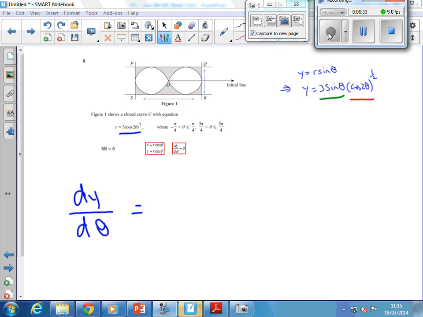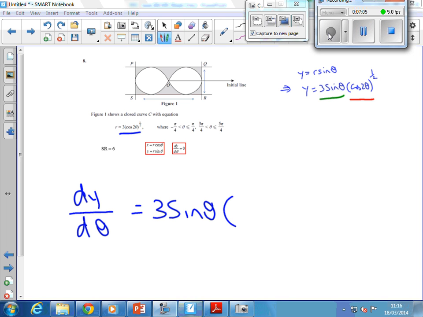So it's u, 3 sine theta, multiplied by the derivative of cos 2 theta to the power of a half. Now here we have a function of a function, so we need to use the chain rule. The derivative of cos 2 theta is minus 2 sine 2 theta. We have to bring the power down, so when you bring down the power of a half, times minus 2, it cancels out.